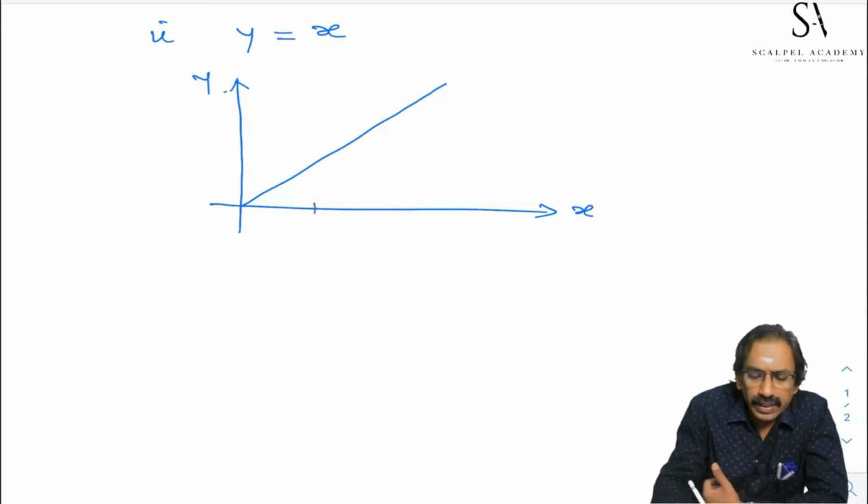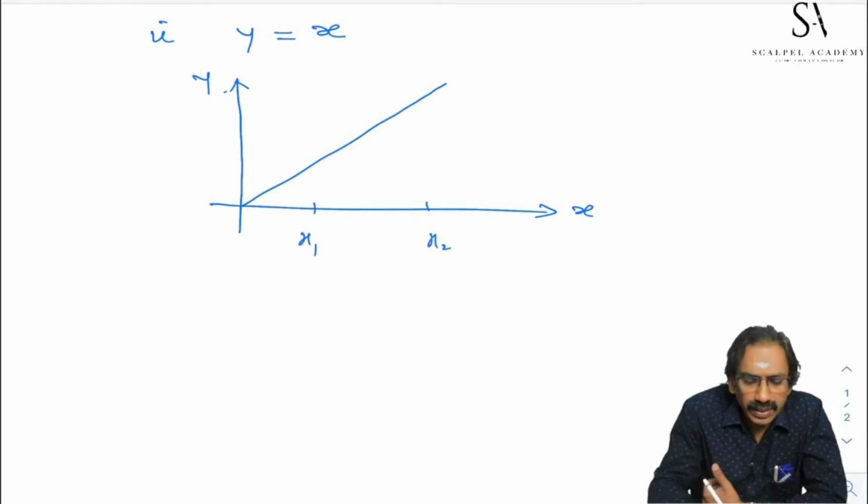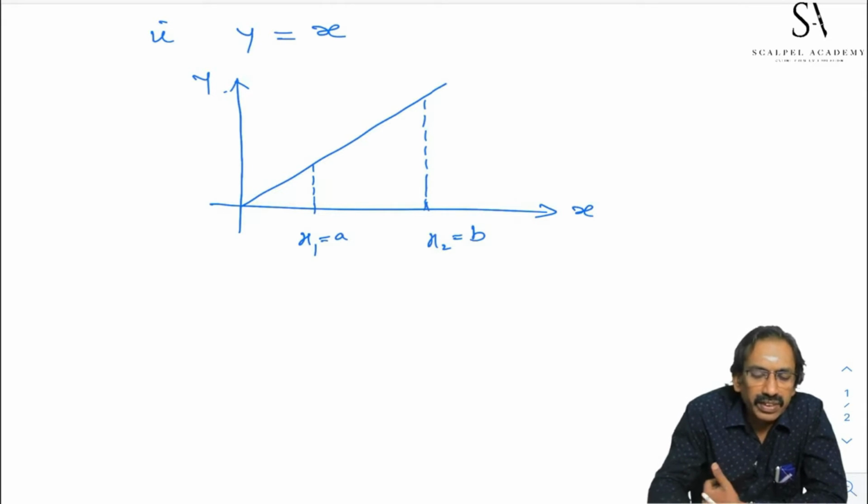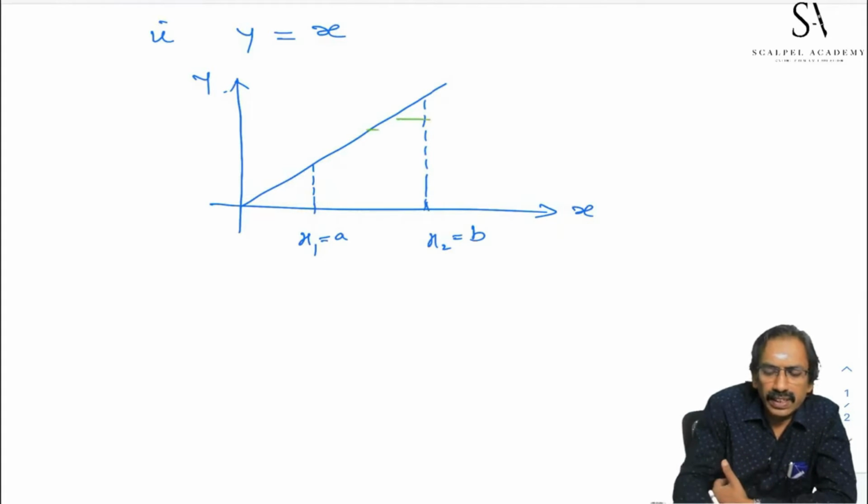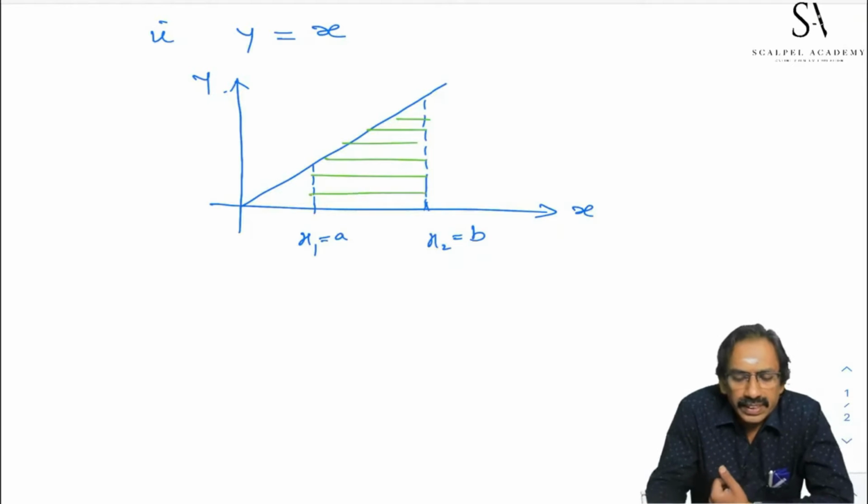Look at two limits. I take limits x1 and x2. At x1, the x value is a, I take it. The x value is b at x2. In between a and b, I want to find the area enclosed by this graph. Shall we calculate how much area is enclosed in this limit? This is the area under the graph.